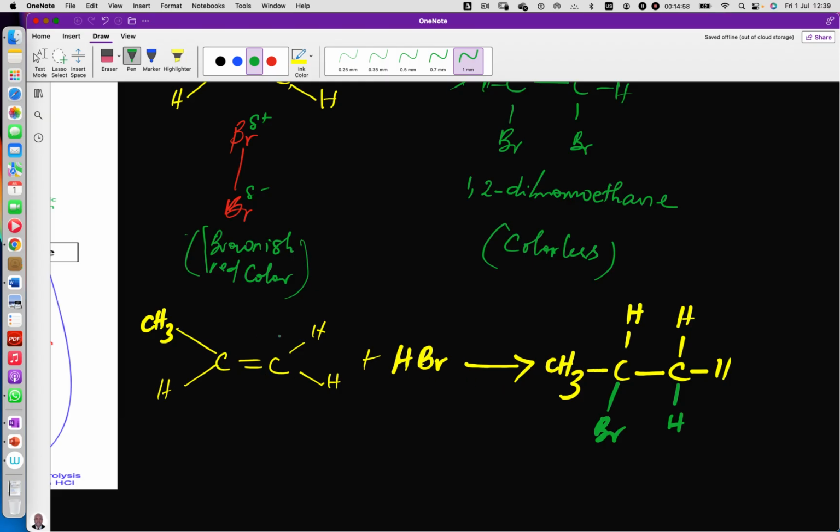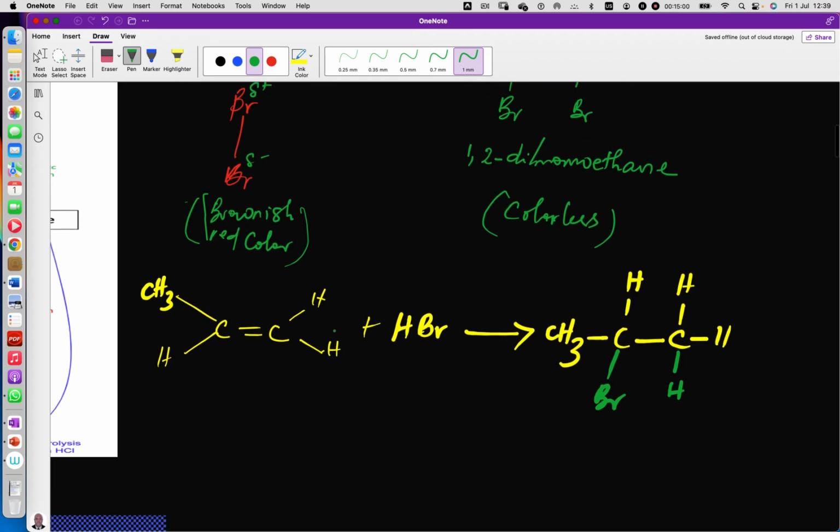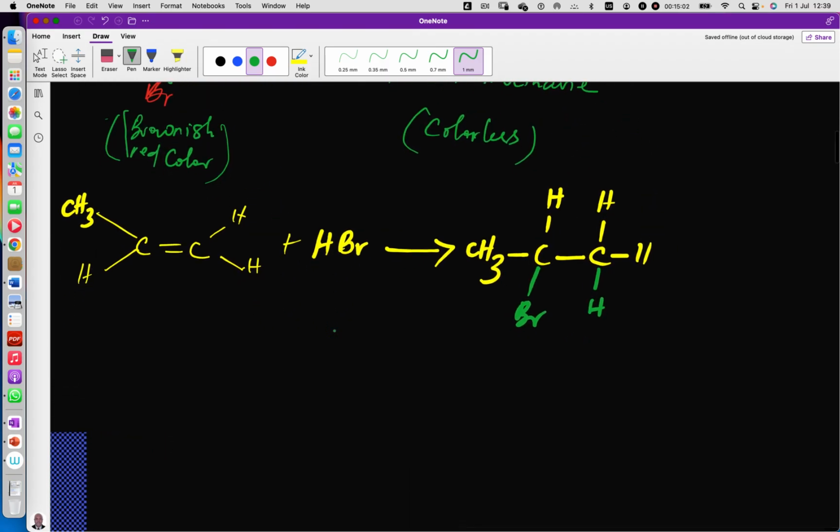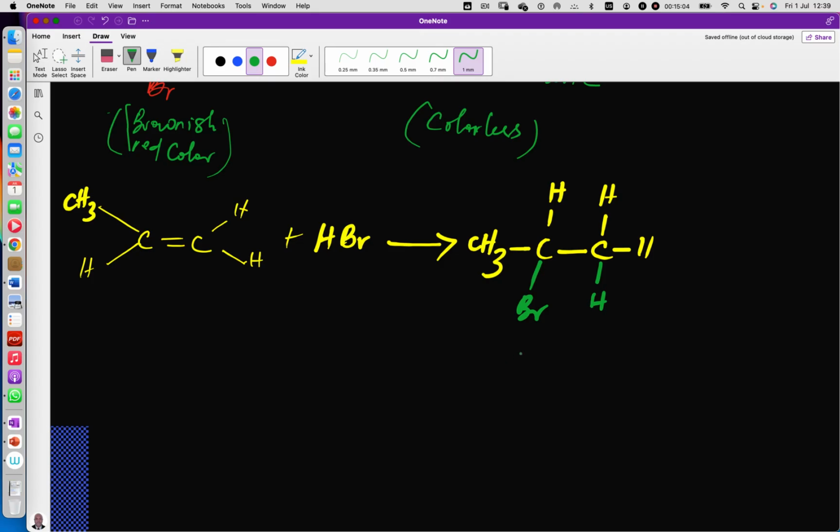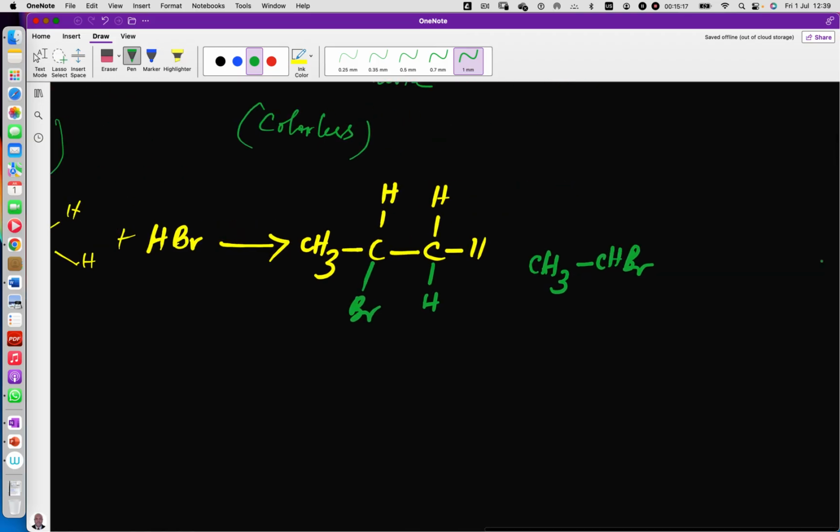So the compound that we are going to have here can easily be written as CH3, CHBr, CH3. That is how the compound can be written.